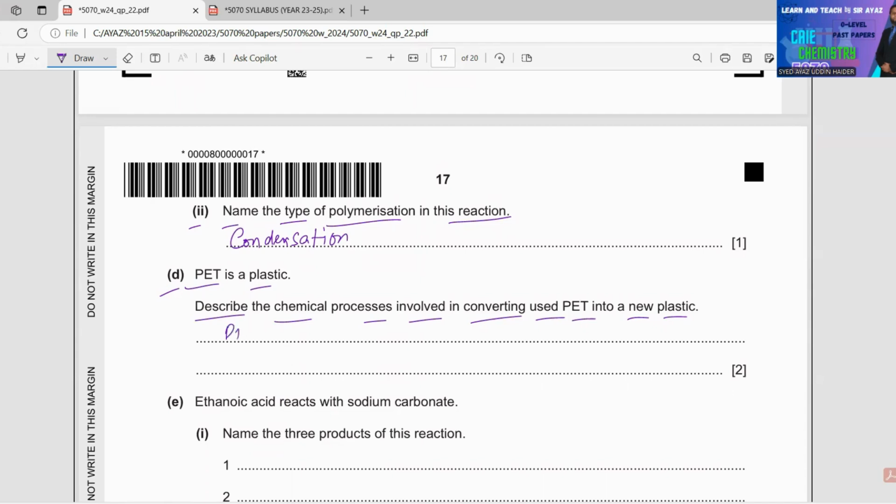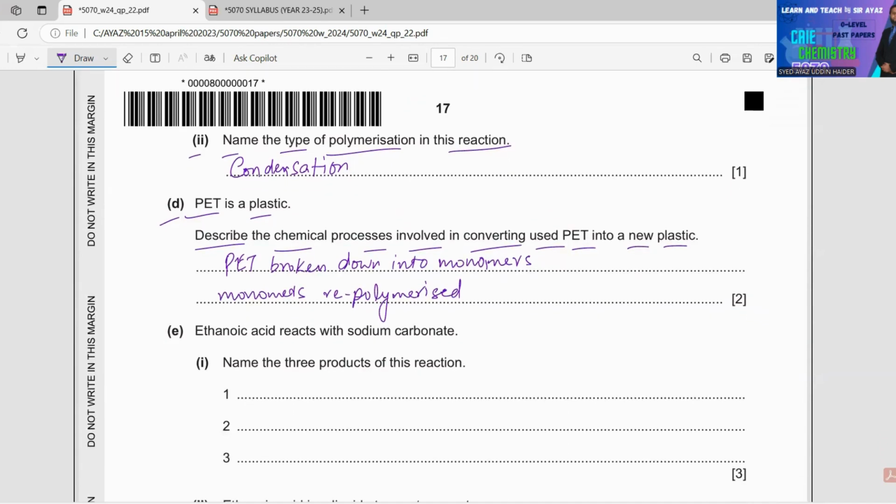So PET is broken down into monomers. Then the monomers are repolymerized. In this way, you can convert this into a new plastic.